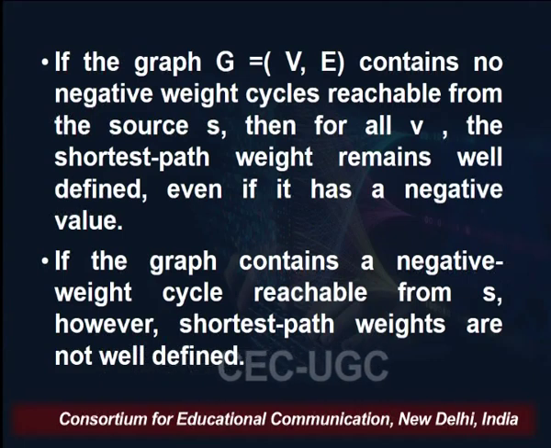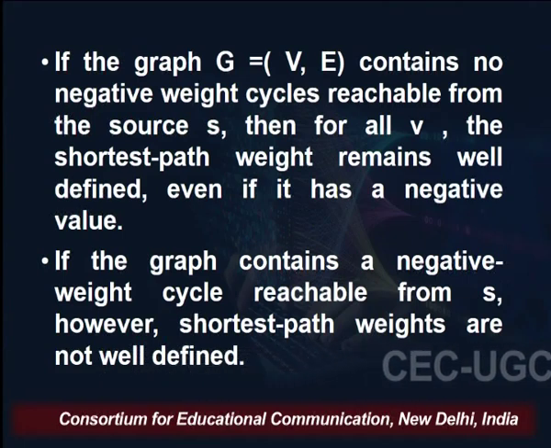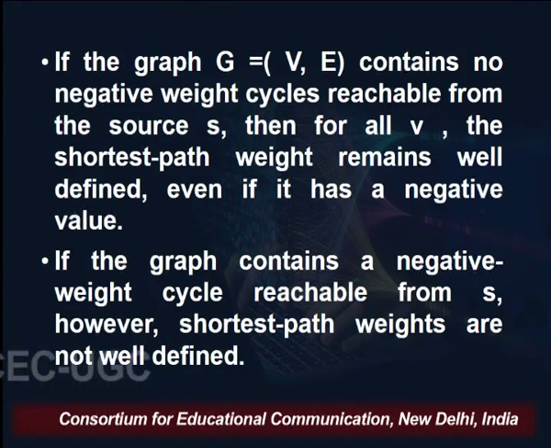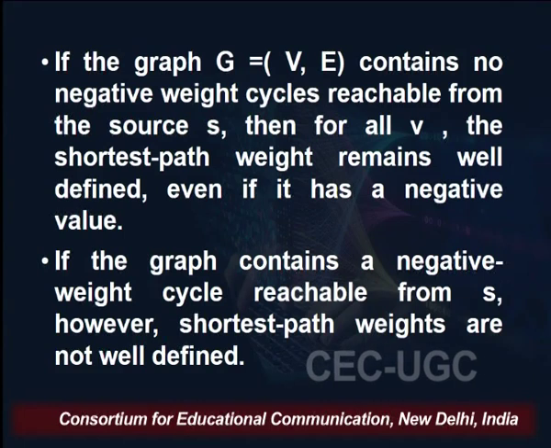If a graph G consists of no negative weight cycles reachable from S, then for all V the shortest path weight remains well defined even if it has a negative value. That means a negative value is fine, but if there is a negative cycle reachable from S, then the path is not well defined.